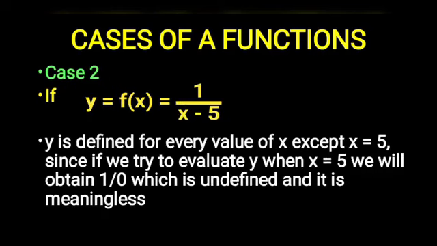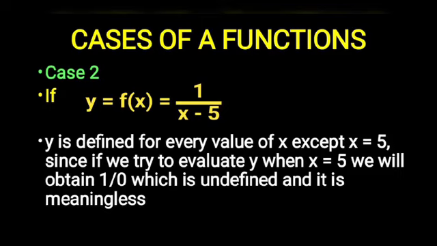For the second case, you can see that x is in the denominator and we have to consider the denominator not to be equal to 0. So in case 2, if y is equal to f of x is equal to 1 over x minus 5, y is defined for every value of x except when x is equal to 5.